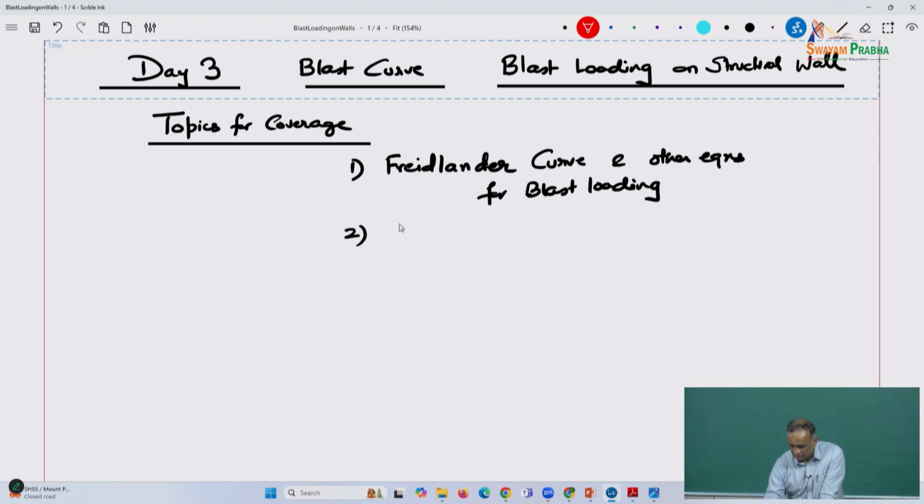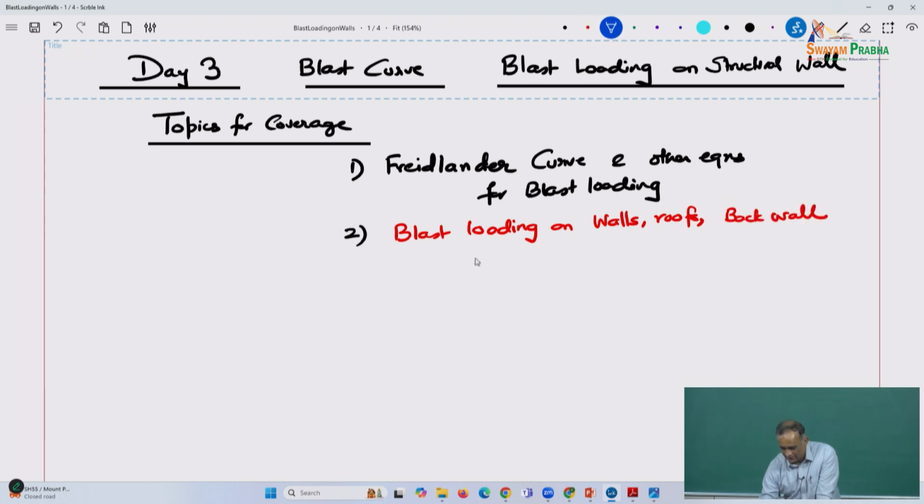And we'll focus on blast loading on walls, sides, roof, and back wall.